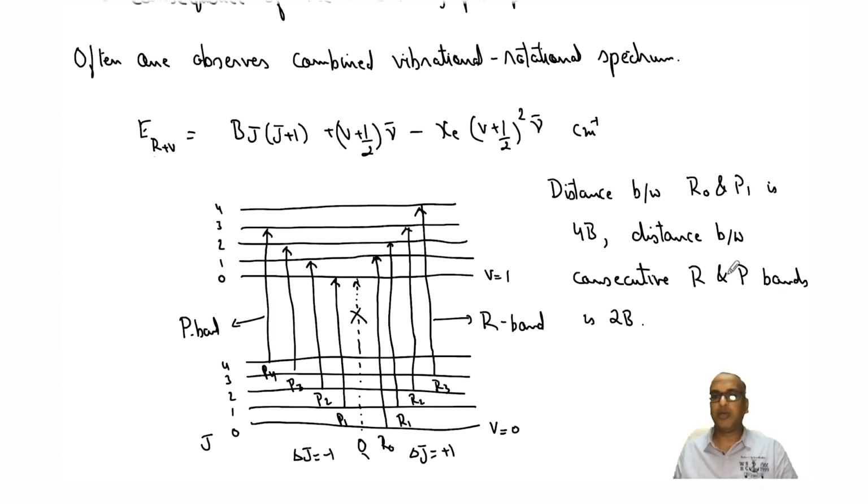So R0 to R1, R1 to R2, and so on, and P1 to P2, these are 2B values, and the central two lines will be 4B. So B can be very easily measured, and you can calculate the bond length.